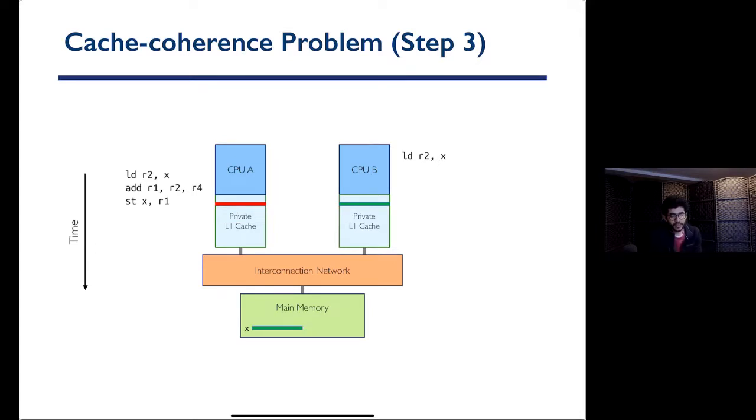Now, when you save it, usually what happens is that you save it in your private cache, and this will eventually be written to memory, but not necessarily right after you write to it. So there we have the data that is written, saved in the private cache of CPU A.